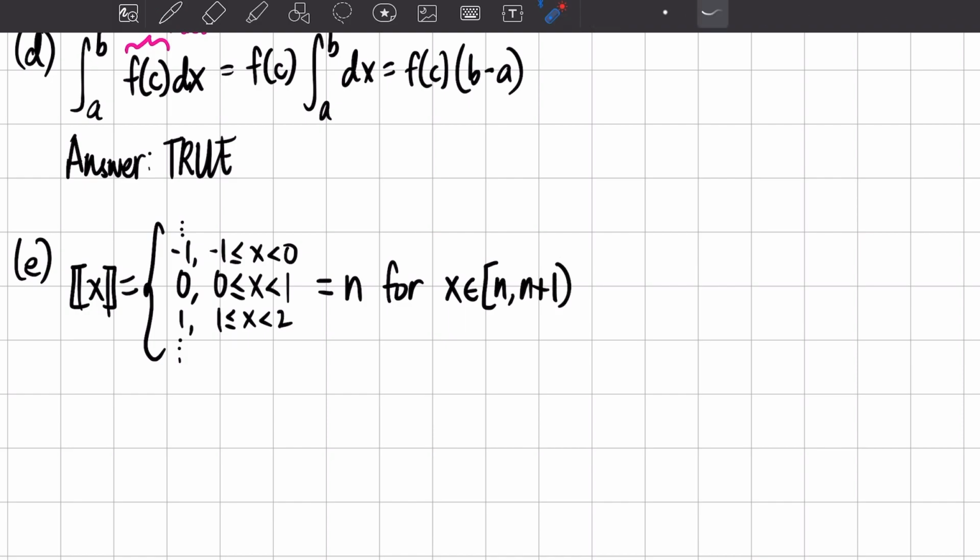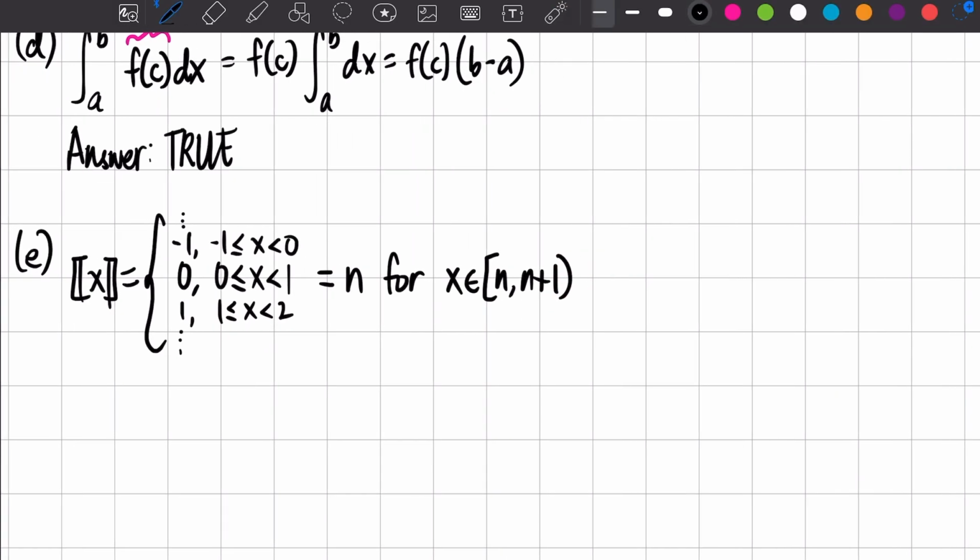Okay? That's what this statement is saying here. If you change this to n, it becomes n, and this is n plus 1. So our corresponding interval is closed on this side since we are including n, but we are excluding n plus 1. So it's open on this side.